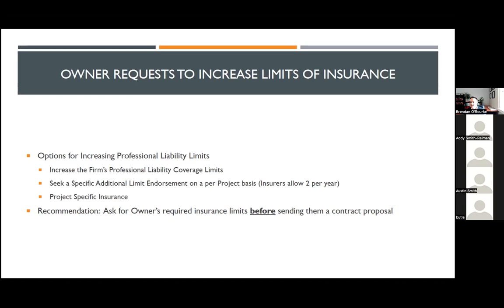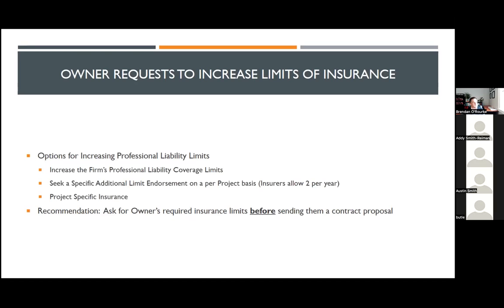And if it's $60,000, which is no small sum, try to incorporate that into the contract price. Going through negotiations and having them pay for that after the fact, to me, has been difficult. This is an area that is negotiable.